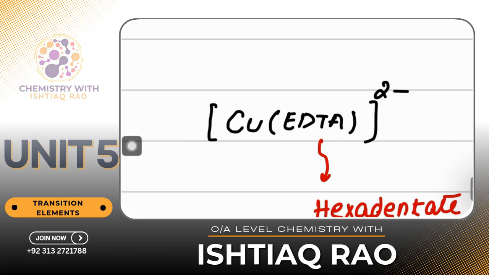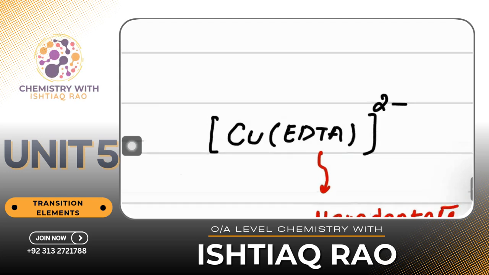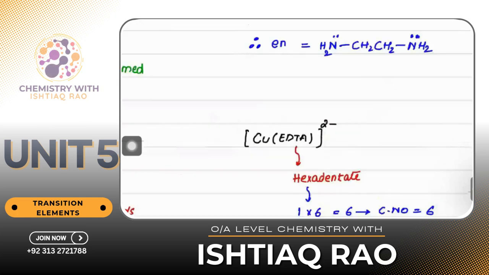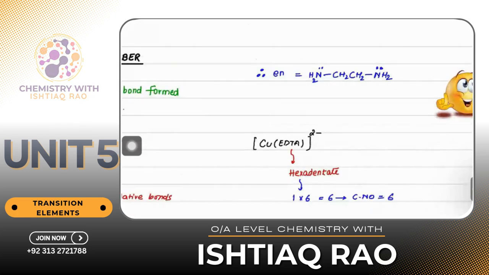This is a conceptual thing: without looking at the number, you first have to find out the nature of the ligand, whether it is monodentate, bidentate, or polydentate. Then afterwards we can determine the coordination number. So first of all, we must know the nature of the ligand.